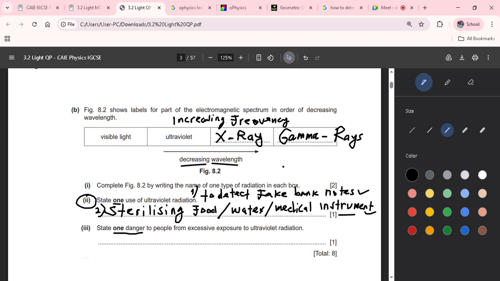Maybe you can give an idea. The danger is it can damage what? Damage to skin. Yeah.